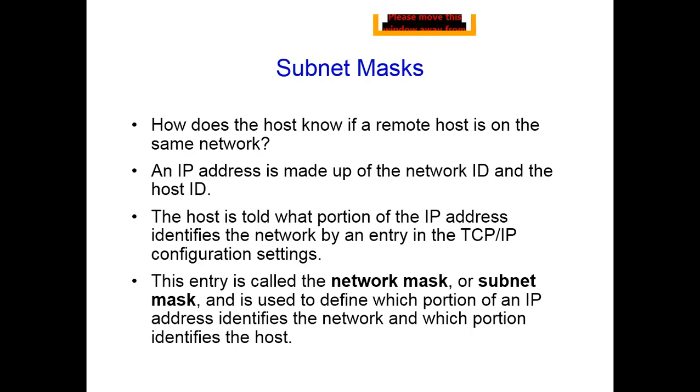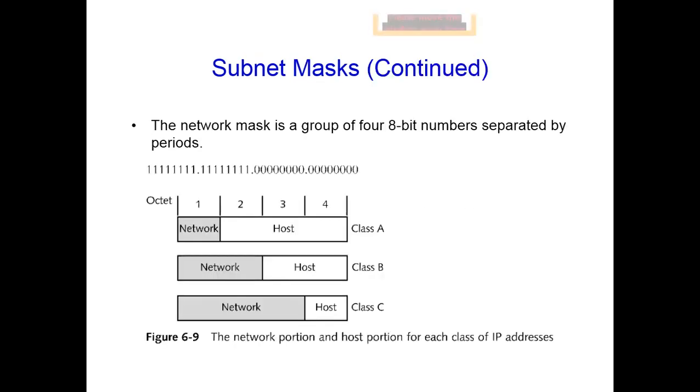This entry is called the network mask or subnet mask, and is used to define which portion of an IP address identifies the network and which portion identifies the host. Okay? The network mask is a group of 4 8-bit numbers separated by periods.